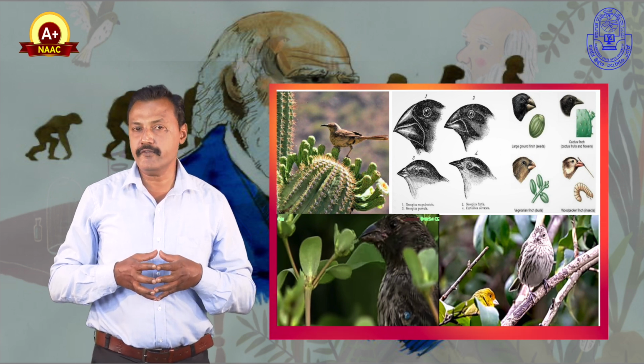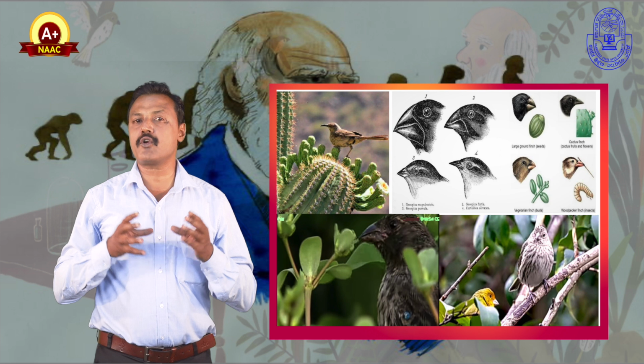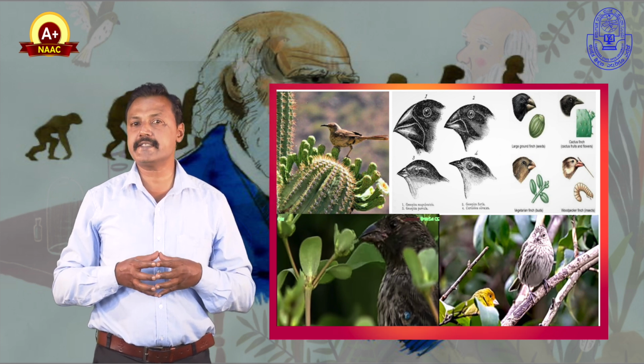The vegetarian finches have a very strong beak for cutting seeds. The insectivorous finches have long slender beaks for picking insects, while the cactus finches have a blunt beak for the pulp region of cactus.